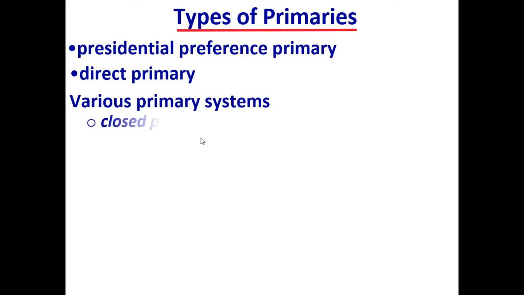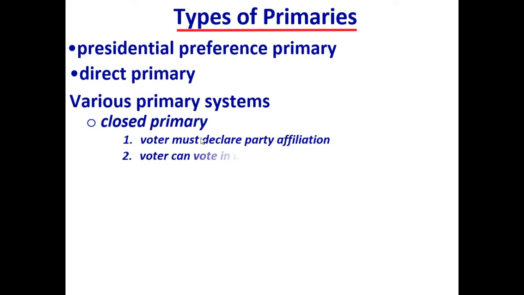I think we had gotten a little bit into this at the end of the class period last time. We had started this, right? Whether we're talking about a direct primary or presidential preference primary. Oh, let me throw this in here real quick too, because I don't think I mentioned this last time and I really should. I think this is an important point.